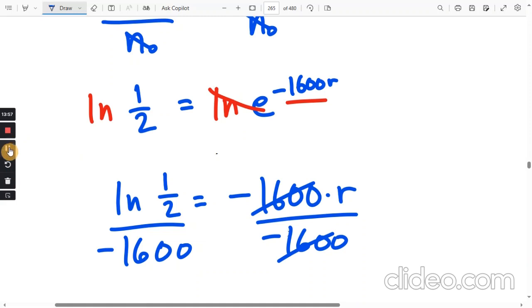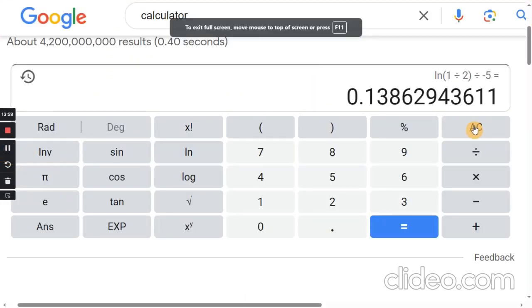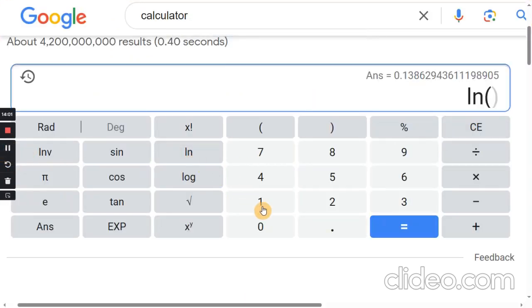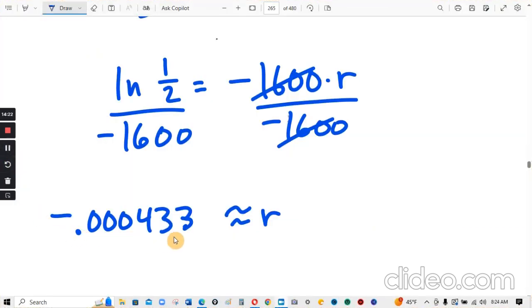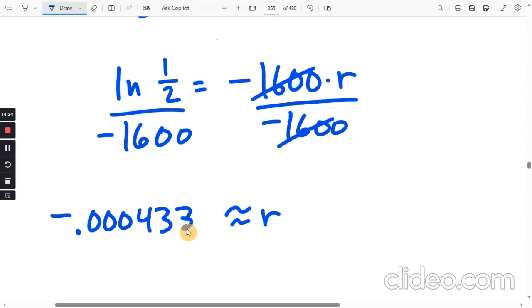Let's see. All right, hit clear. ln of 1/2, close parentheses, divided by negative 1,600. And we have, I'll do 3 decimal places after the zeros, 0.000433. It was negative 0.000433.